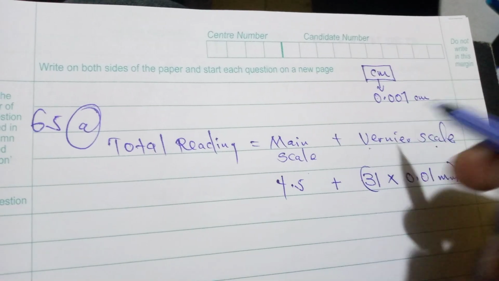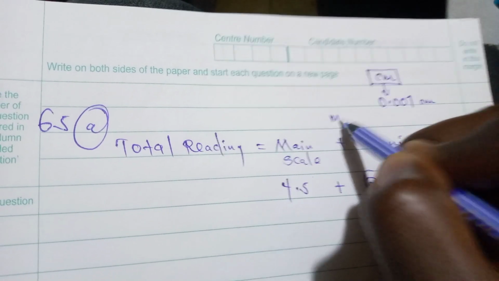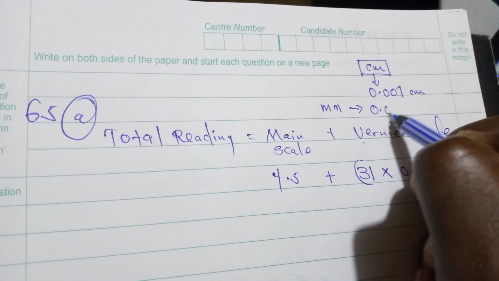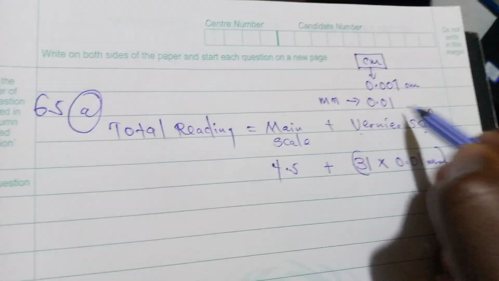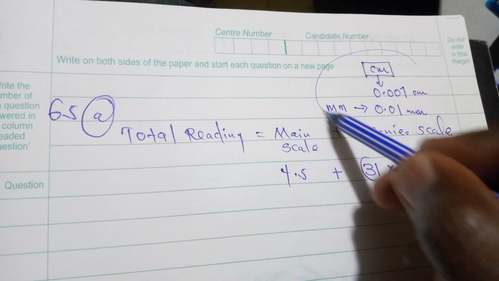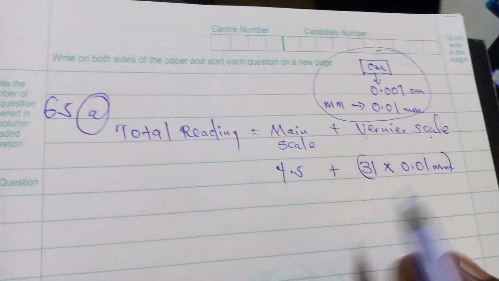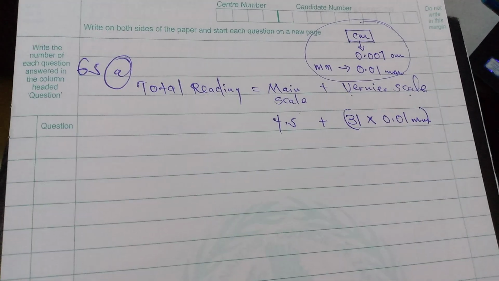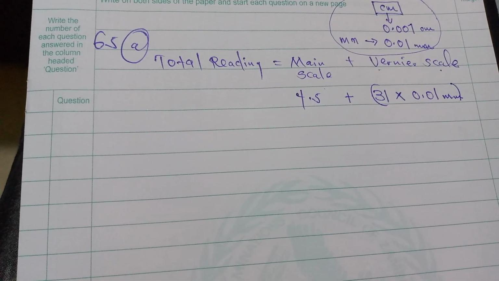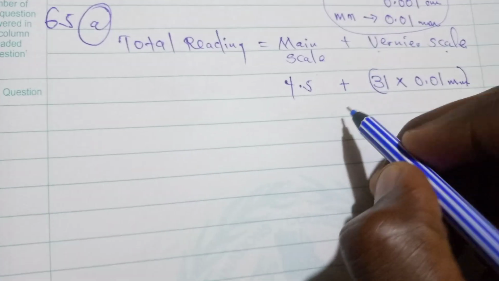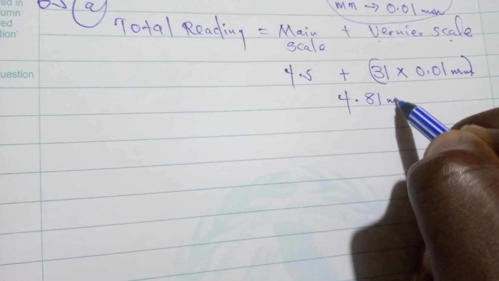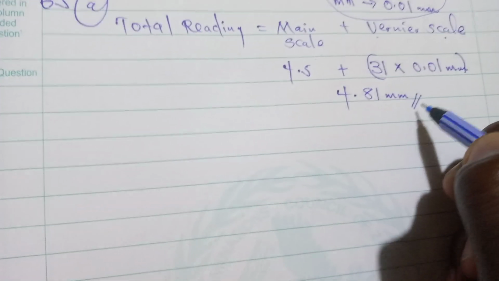And when it is in millimeters, you are supposed to use 0.01 in millimeters always for the micrometer screw gauge. Note that. So from there we simplify everything, and we find the final answer. So we are getting 4.81 millimeters. So this is our final reading.